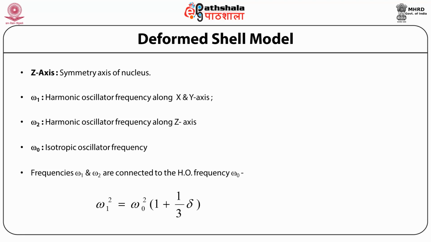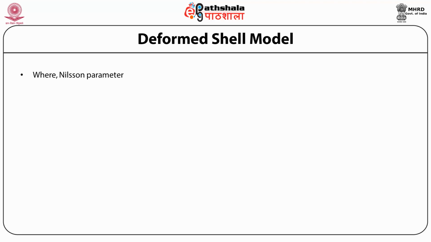Omega 1 square is equal to omega 0 square [1 plus delta by 3], and omega 2 square is equal to omega 0 square [1 minus 2 by 3 delta]. So we have connected the harmonic oscillator frequencies of the deformed nucleus with those of the spherical nucleus.